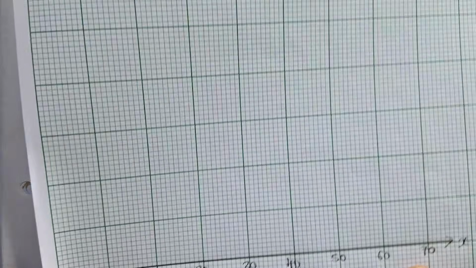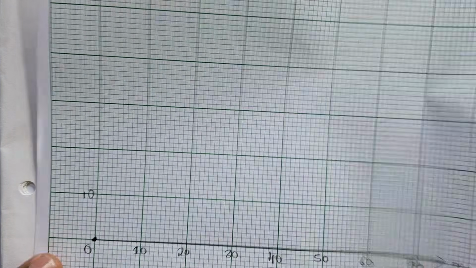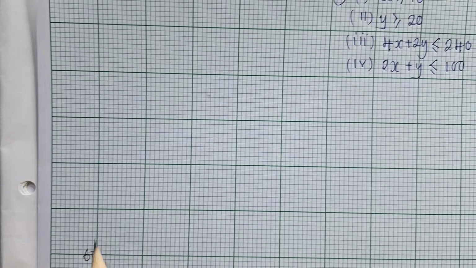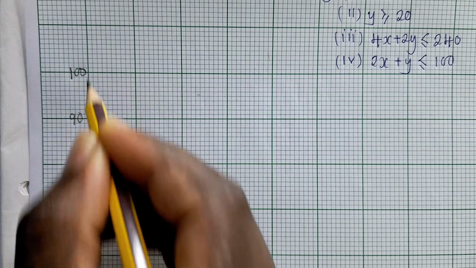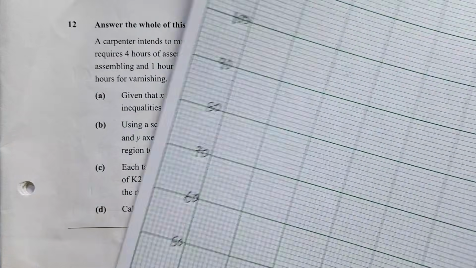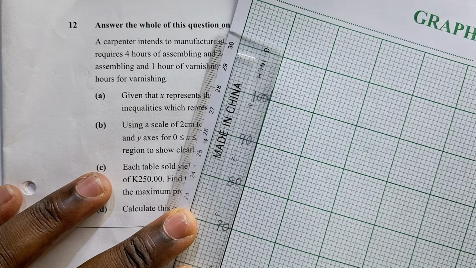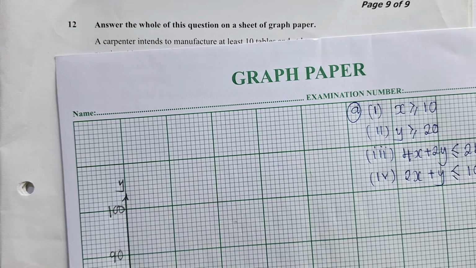So from 0 here for the y-axis, we go to 10, 20, 30, 40, 50, 60, 70, 80, 90, and 100. Okay. So you also do the same here. You draw your y-axis. It should be neat also. So this is a y-axis.